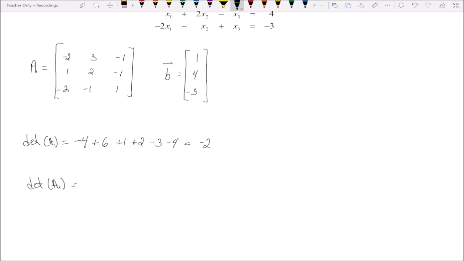Remember this is found by replacing the first column in A by B. So we get 1, 4, negative 3 is our first column, and then the remaining entries remain identical. And now take that determinant. We get 2 plus 9 plus 4 minus 1 minus 12 minus 6, which is equal to negative 4. So right away, we find that x1 is negative 4 divided by negative 2, which is just positive 2.